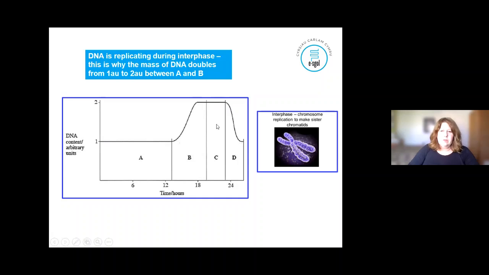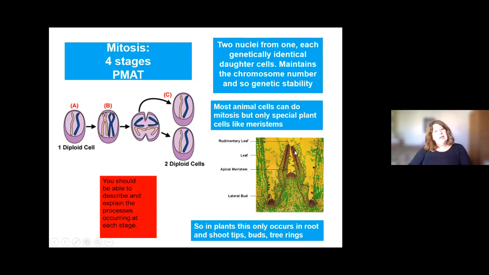Okay, so just going back to why it is that it doubles: as you can see in this image over here, the DNA replication produces double the DNA, and each chromosome is now seen as two chromatids. So let's look at the detail of PMAT then.